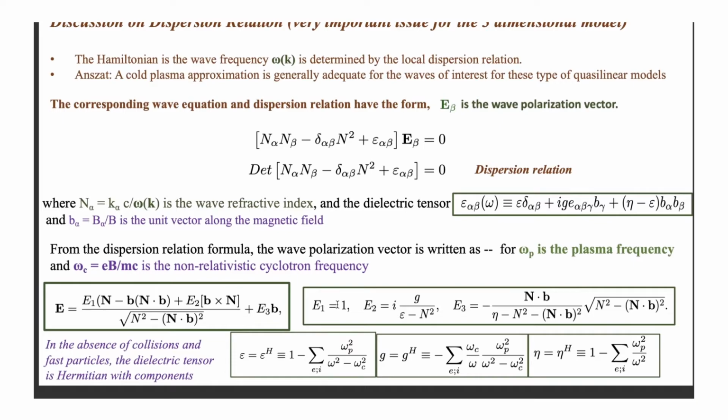The E1 is 1, and that's the cylindrical symmetry of the tokamak, but then you have this factor G, and you have this factor eta, and G and eta depend on the plasma frequency as much as the gyro frequency.